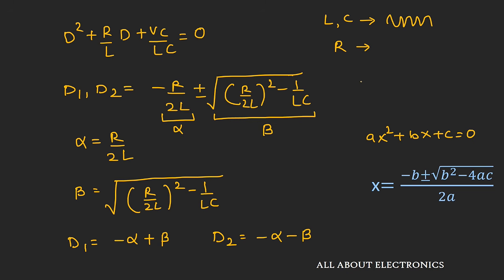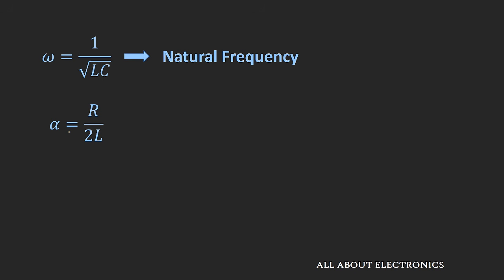Let us say the oscillation that is created by this L and C is omega, and omega can be given as 1 over the square root of LC, and this frequency of oscillation is known as the natural frequency. Now earlier we had assumed that the value of R by 2L is alpha, and this alpha is also known as the damping coefficient of the circuit, because this coefficient decides how well the circuit is able to damp the oscillations.